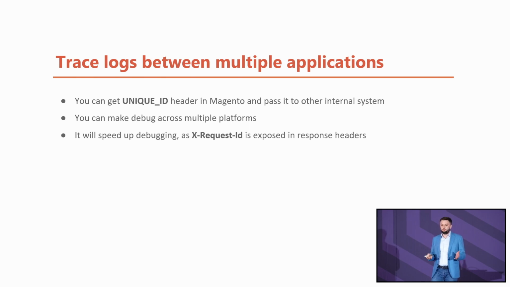So what we can achieve now, you can have a unique ID header that can be received from other systems, but you can get this variable because it's a header and use it when doing other requests to other systems. I know, payments, ERP, whatever. And then you can have all the trace from the starting point until the end.